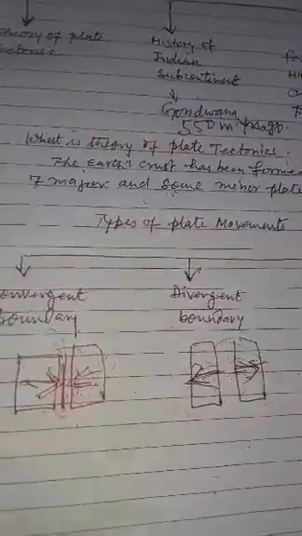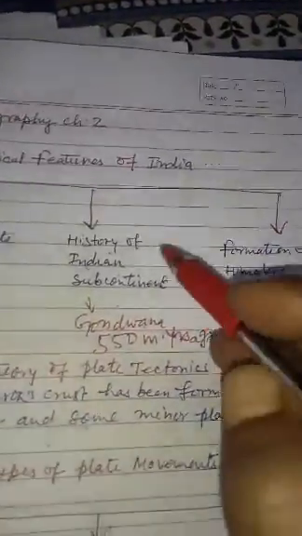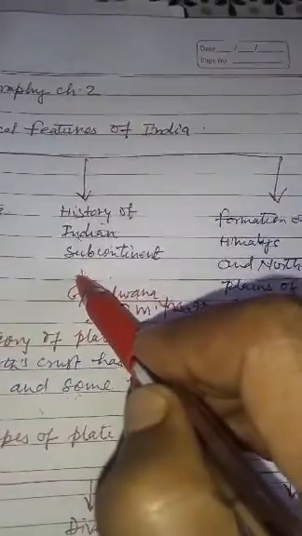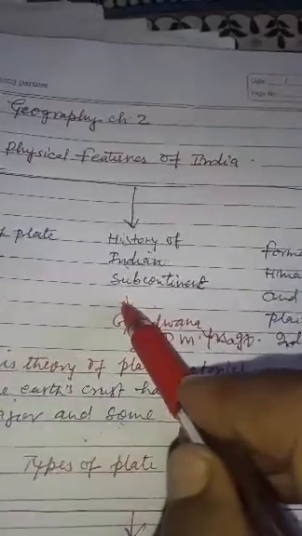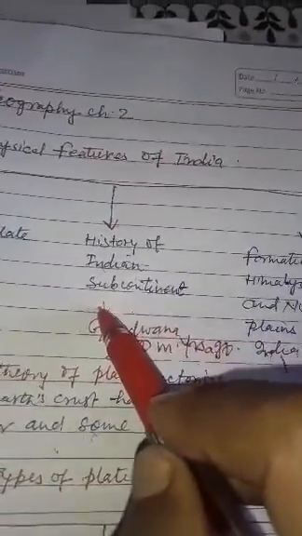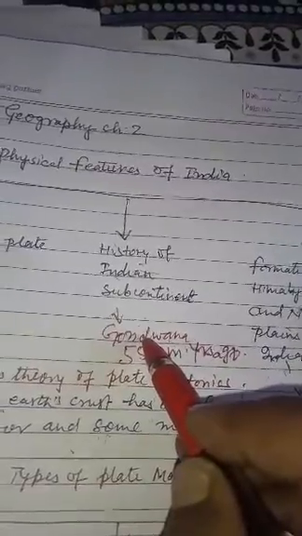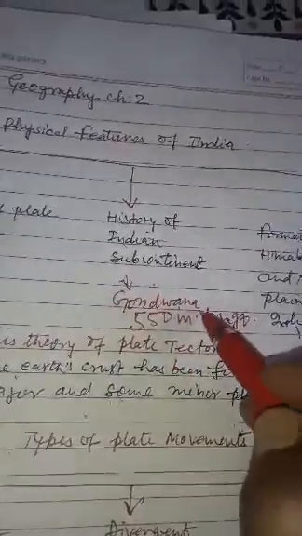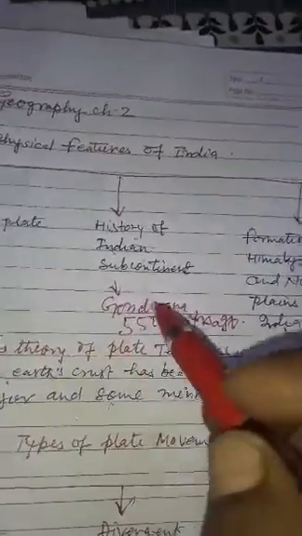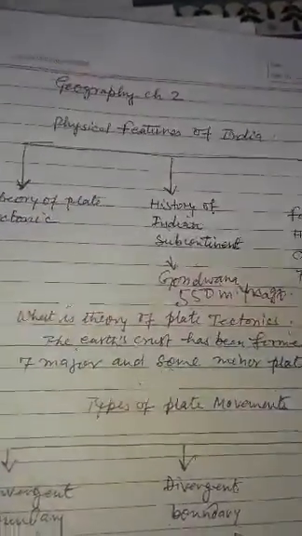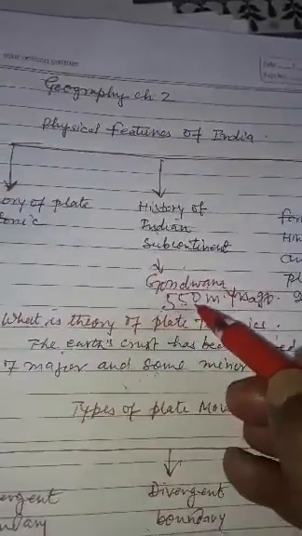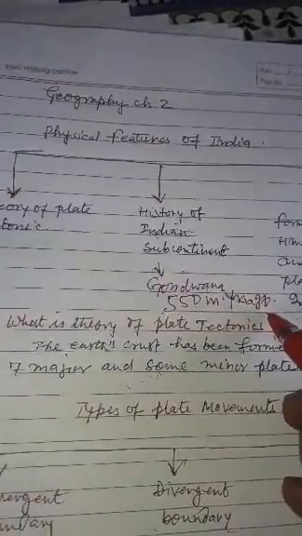Let's go to the second point, that is history of the Indian subcontinent. How did the Indian subcontinent come into existence? The oldest landmass of the Indian subcontinent is connected to Gondwanaland. Gondwanaland is considered as the supercontinent, and it was identified before 550 million years ago.